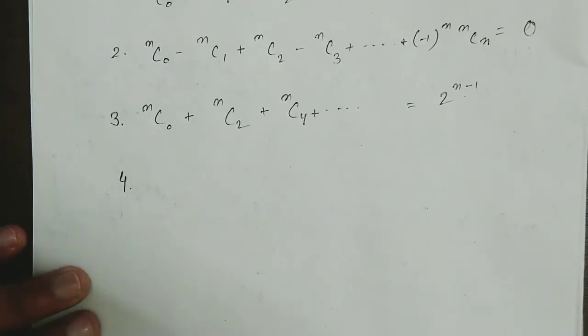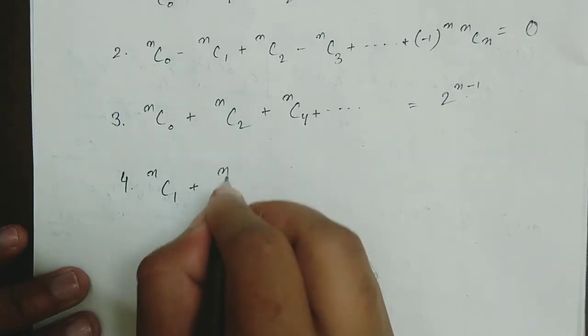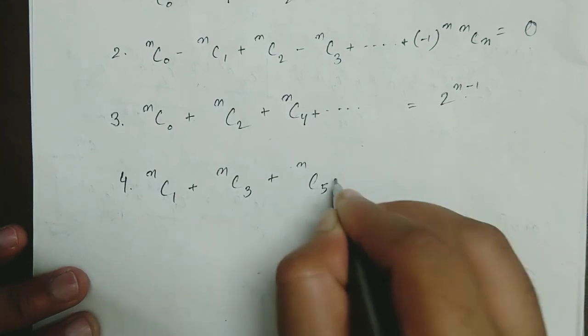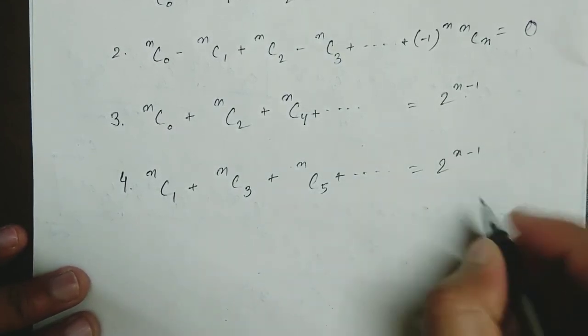Fourth property states nc1 plus nc3 plus nc5 plus dot dot dot would be 2 to the power n minus 1.